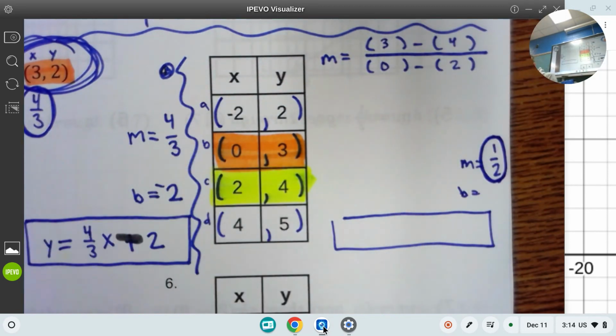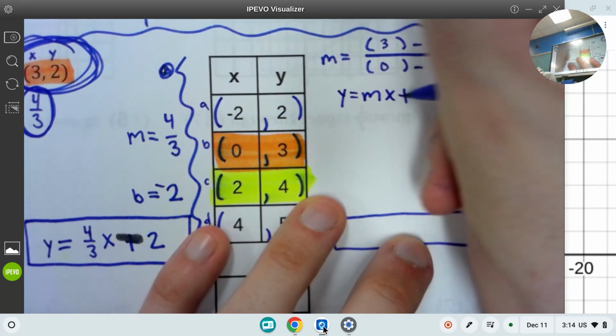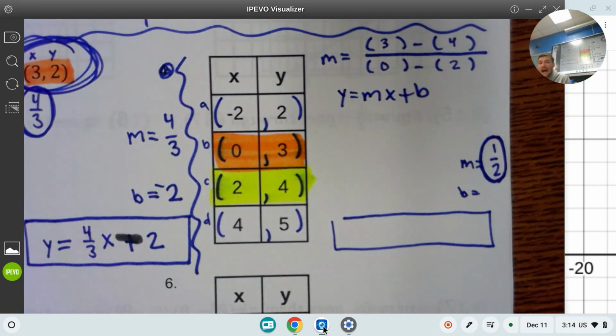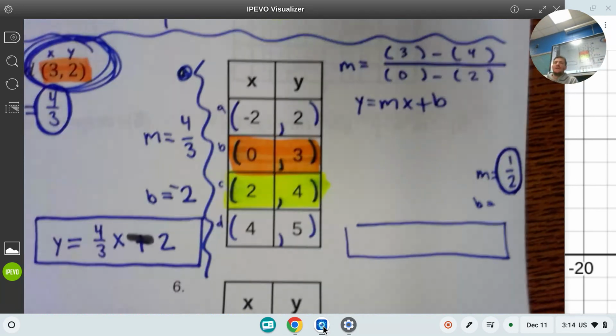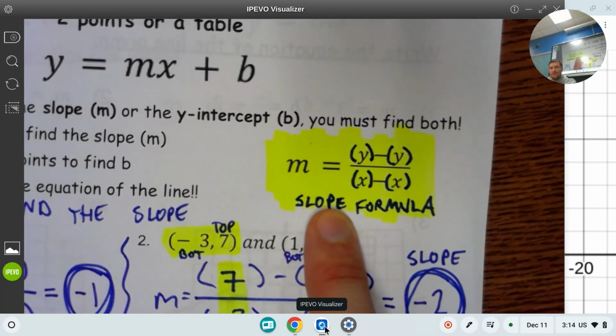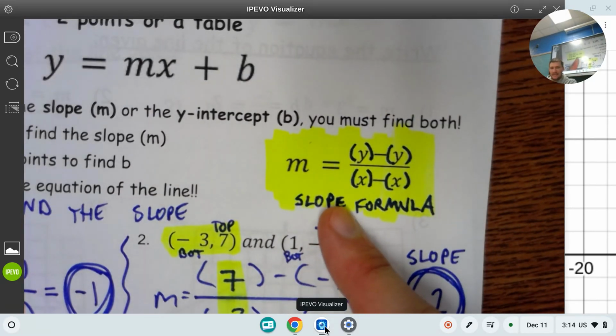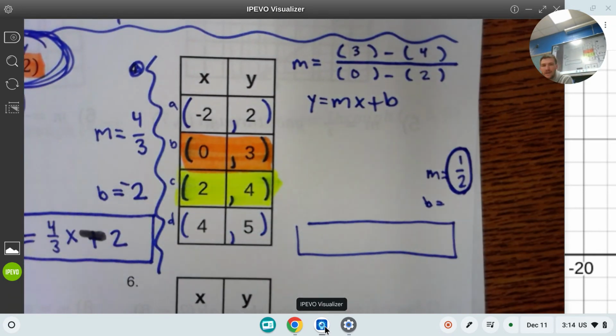What is the B? From here, we got y equals mx plus b. Now, we only need 1 coordinate for this part. So what's going on is that for your slope formula, you need 2 coordinates. And for your y equals mx plus b part, you need 1 coordinate.